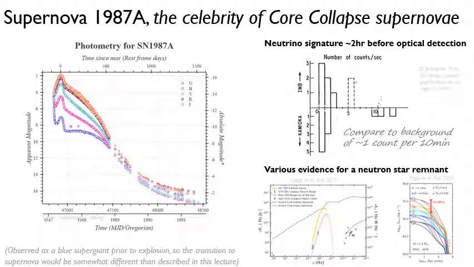And if all of this sounds like just fanciful theorizing, there is observational evidence of these core collapse supernovae and the results of massive star evolution. And probably the most famous one is the one called 1987A that was observed in February of 1987. So there's all kinds of observational data from this object. For instance, we have the optical light curve.